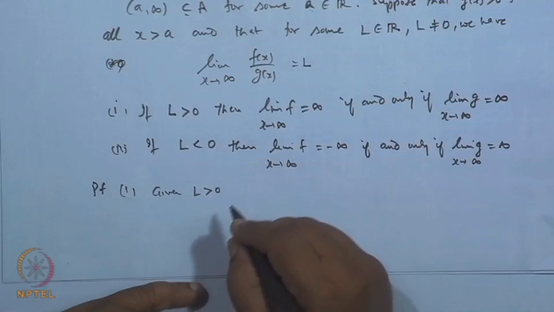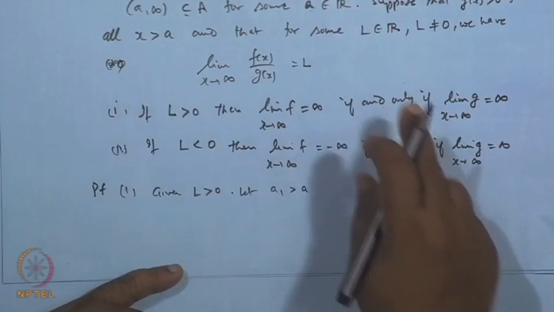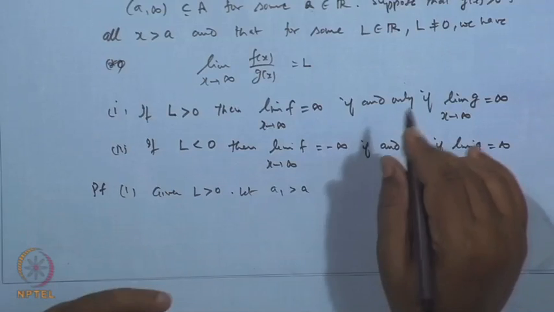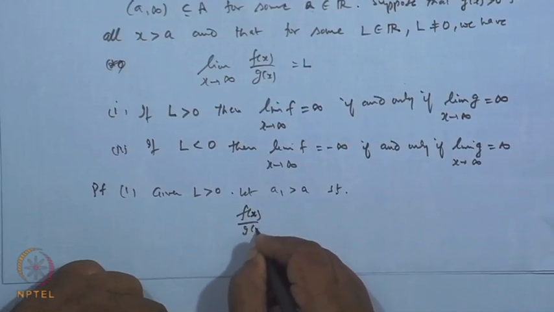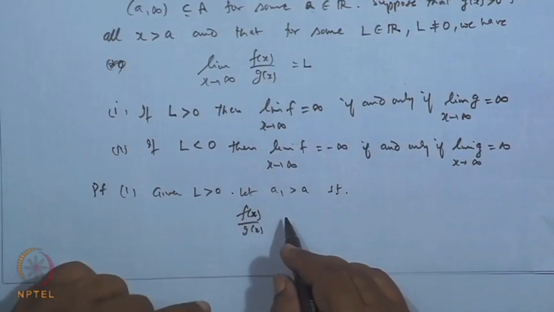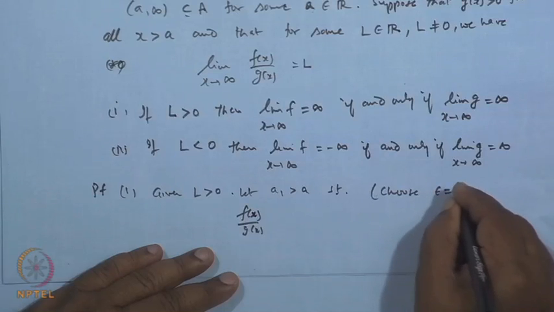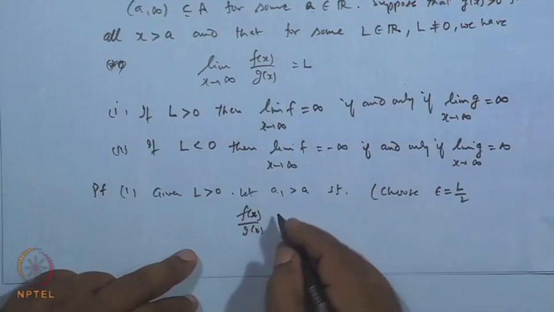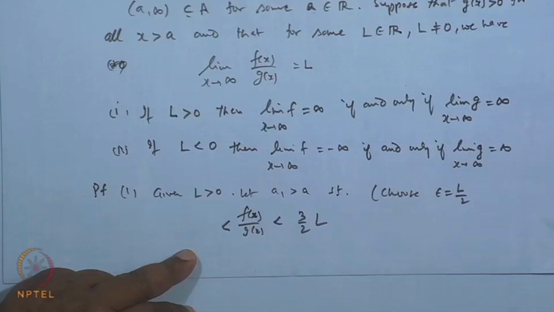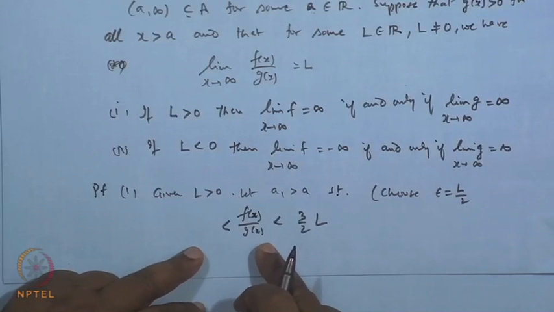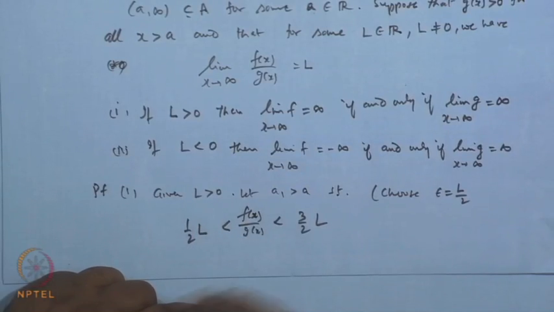So, let us take a1 greater than a, belonging to the interval (a, infinity), such that f(x) by g(x) is close to L, because this limit is L. So, if I choose epsilon as L by 2, then we can write f(x) by g(x) as lying between L by 2 and 3 by 2 L, because f and g both are positive. So, f(x) by g(x) is greater than half L, and this holds when x is sufficiently large.